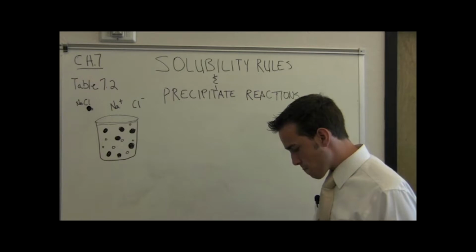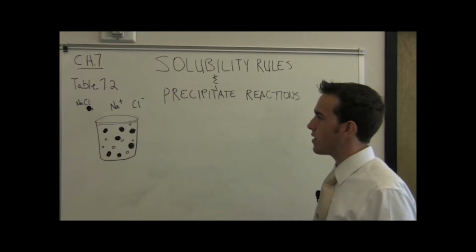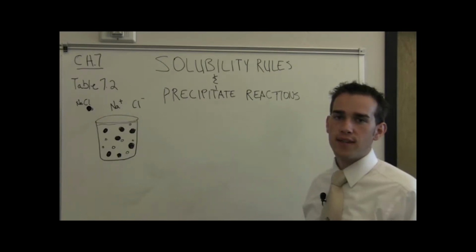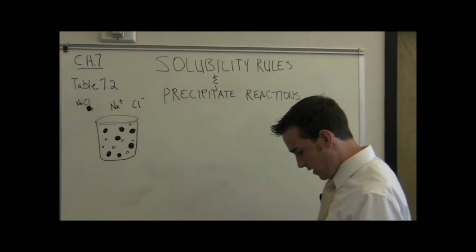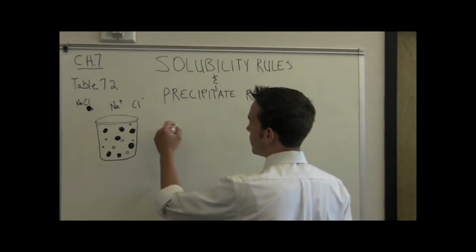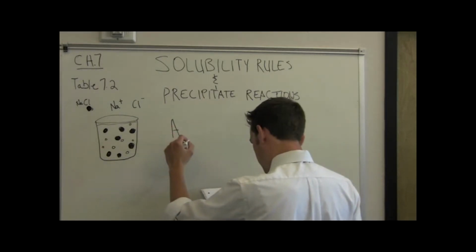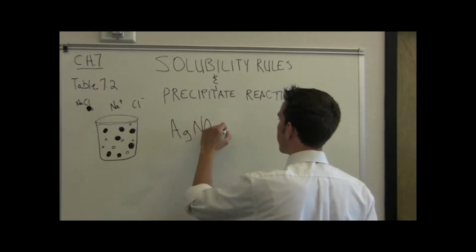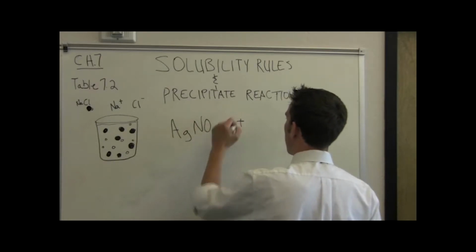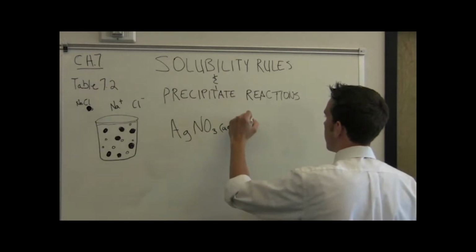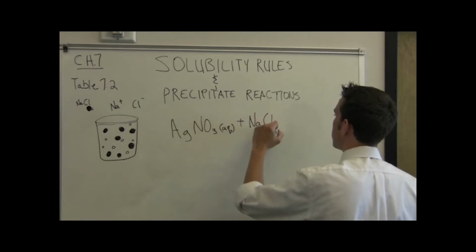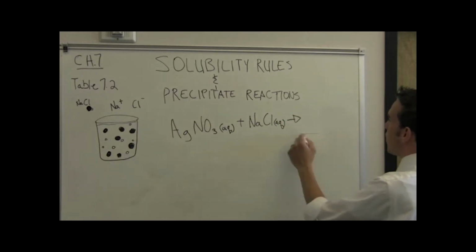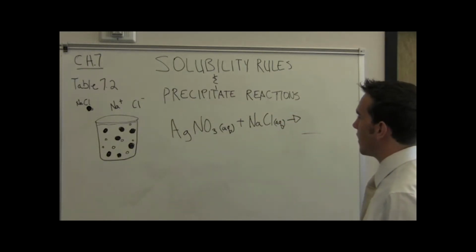Now, often you won't know which equation will be a precipitate equation and which won't be. For example, if you had just this given to you, AgNO3 aqueous added with NaCl aqueous, and you're asked to come up with the products, you'd be able to do that.